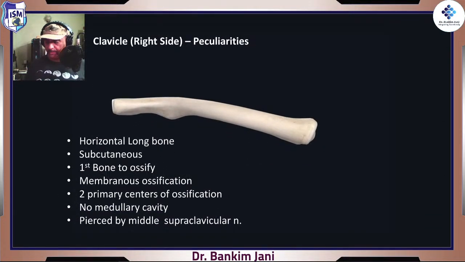Now there are few peculiarities, few specialities, and these specialities are, say, it's a horizontal bone, right? Horizontal long bone. Almost all the bones, in fact, all the long bones, they are all vertical, right? Whether you take humerus, radius, ulna, femur, tibia, fibula, all are vertical. This is the bone which is horizontal. Yes, why does it have to be horizontal? Well, simple. It is transmitting the pressure from periphery to the axial skeleton, right?